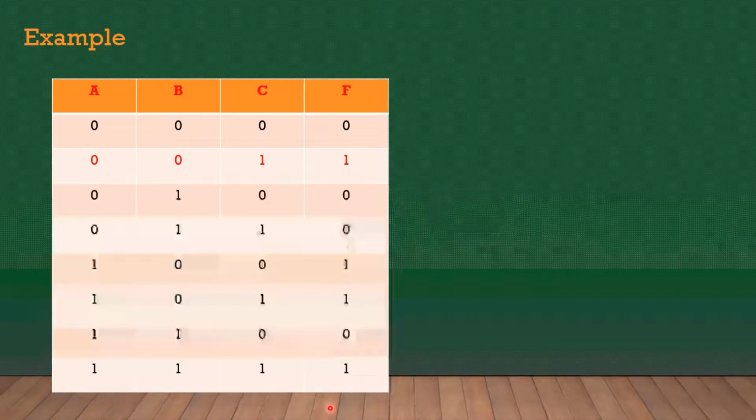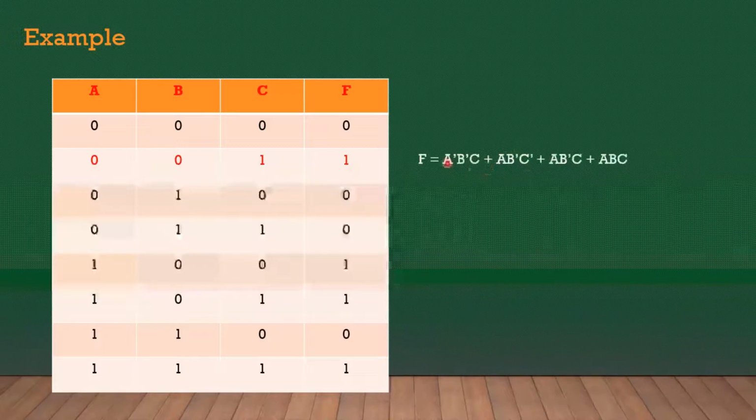So either it is true here, or here, or here, or here. So we combine the inputs with AND, and then we combine the terms with OR logic.